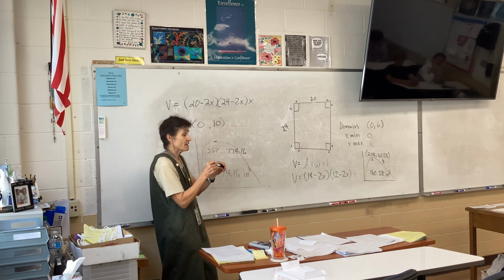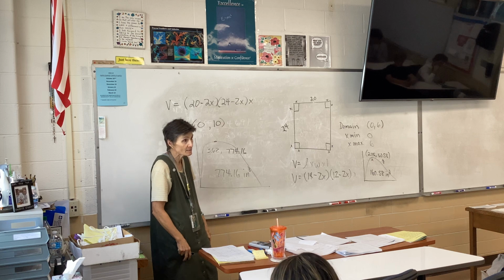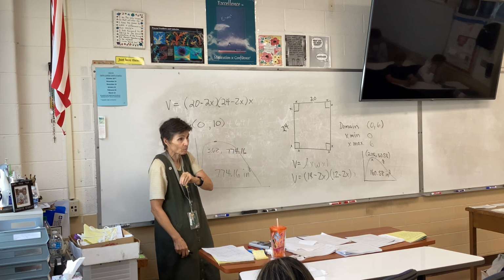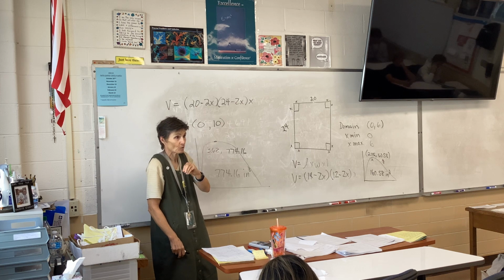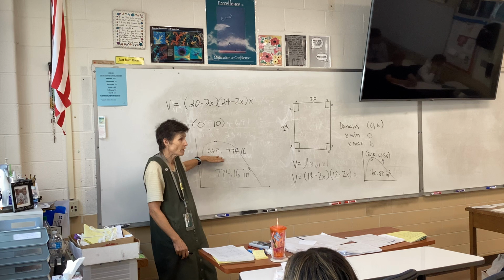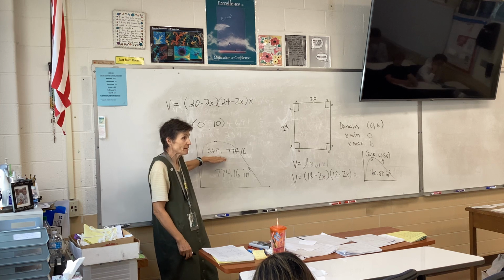Now, the other question I could and might ask is, what size corners should you cut out? And if that were the question, 3.62 inches, right? That's how big the corners are. That's your X.